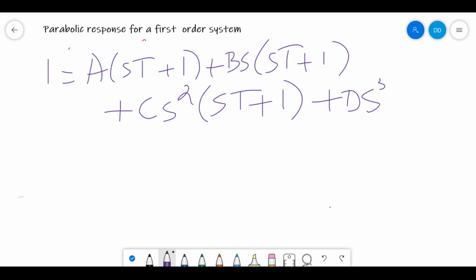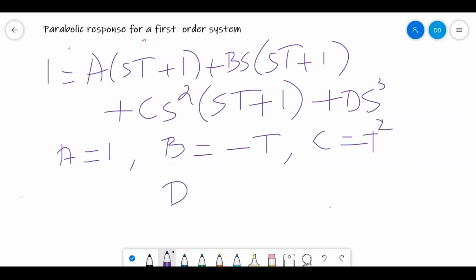So we have on the left hand side a constant term which is 1. So we equate the constant term on the left hand side and right hand side. We equate the powers of s with 0 because on the left hand side we don't have any s term, and we get A equal to 1, B equal to minus T, C equal to T square, and D equal to minus T cube.